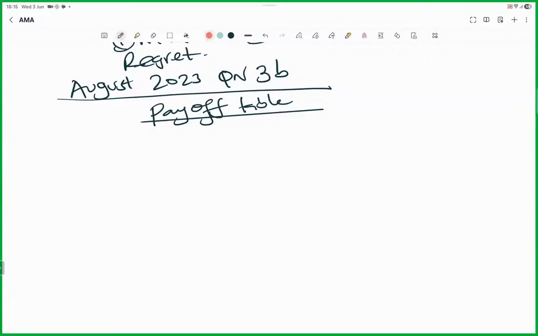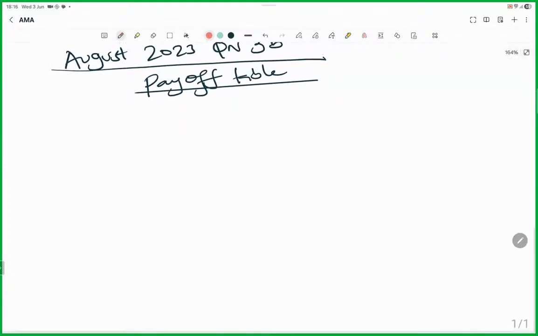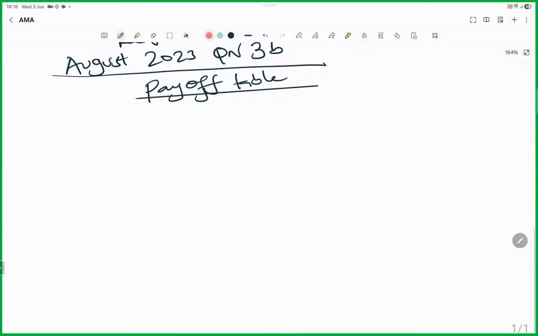It's a profits table. In this payoff table, we must have what we call states of nature, and then we have what we call alternatives. States of nature versus alternatives.